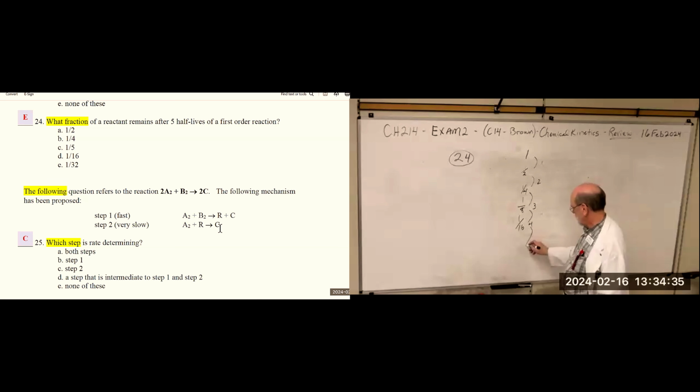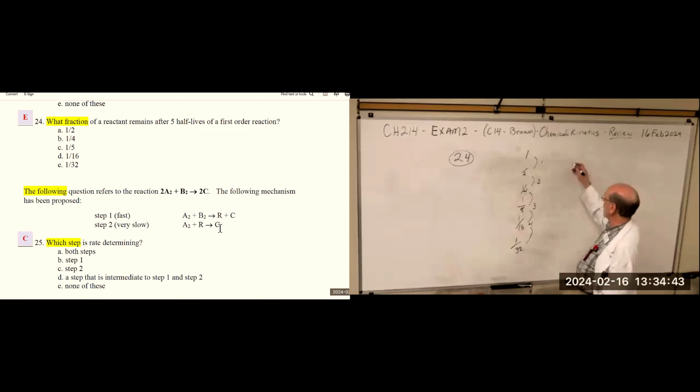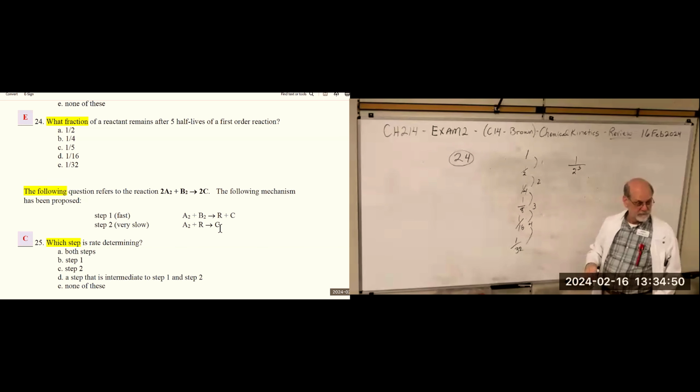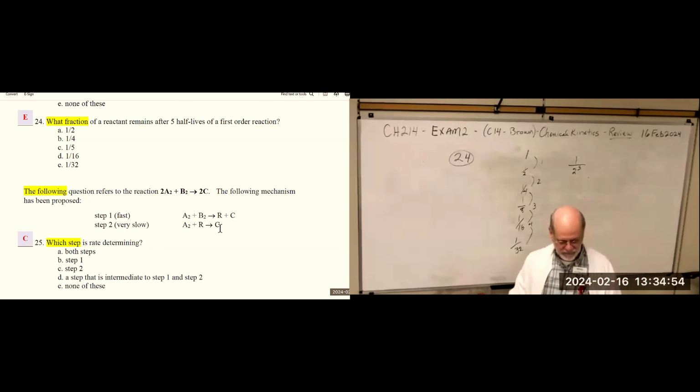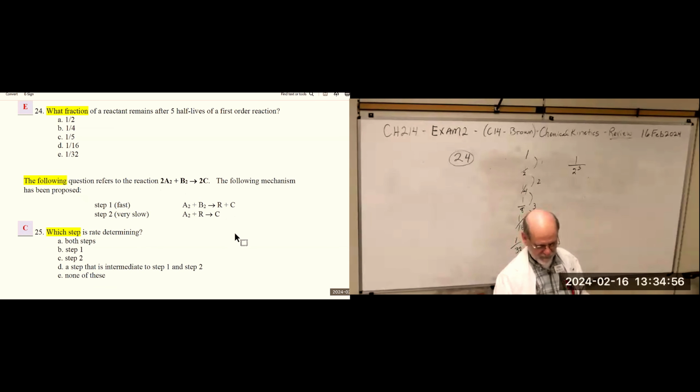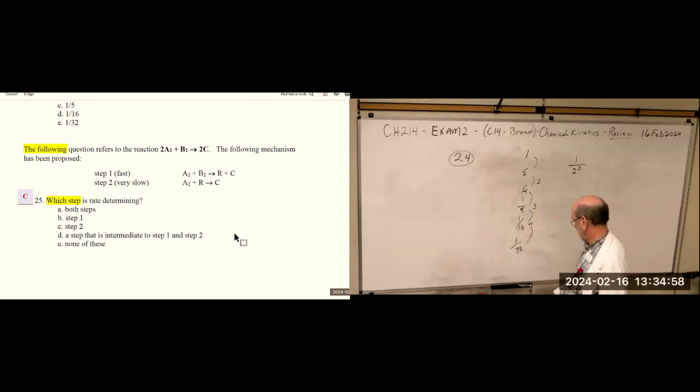The fifth, a 32nd. So you got a 32nd left over. The other way you can look at that is it's 1 divided by 2 to the 5th power, and 2 to the 5th power is 32. Okay.